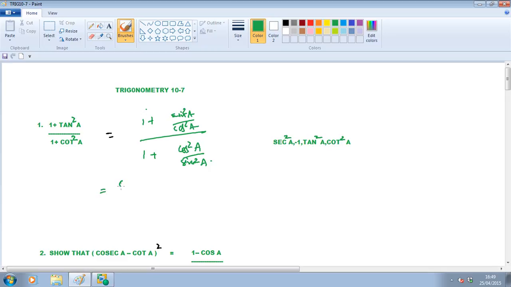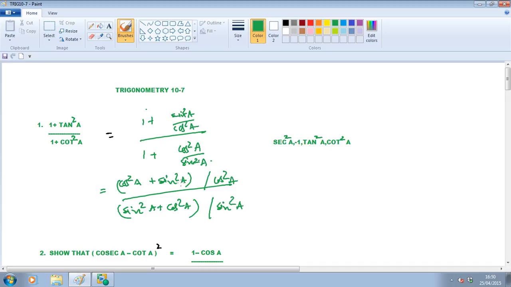So the numerator will become cos square A plus sin square A divided by cos square A, whole thing divided by the new denominator, sin square A plus cos square A divided by sin square A. Now cos square theta plus sin square theta will become 1.